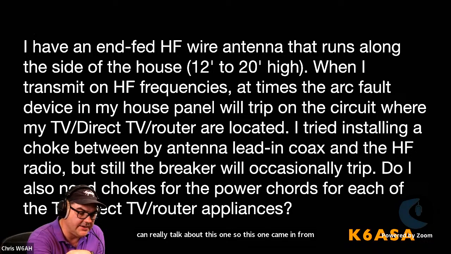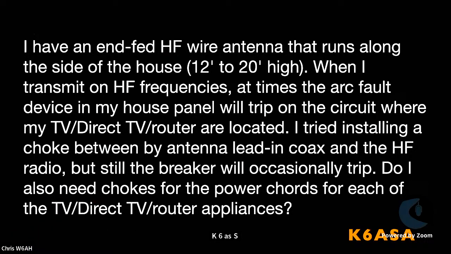K6ASA, and he says, I have an end-fed HF wire antenna that runs along the side of my house. It's roughly 12 to 20 feet high. When I transmit on HF frequencies, at times the arc fault device in my house panel will trip on the circuit where my TV, both DirecTV and my TV router, are located.